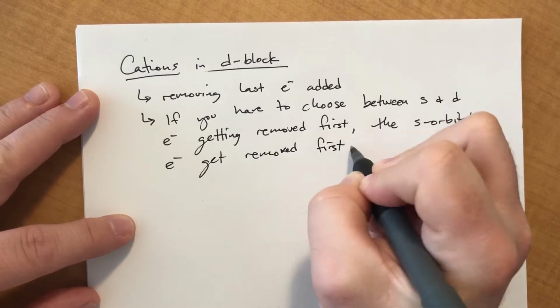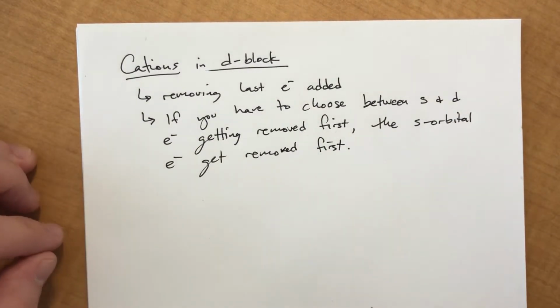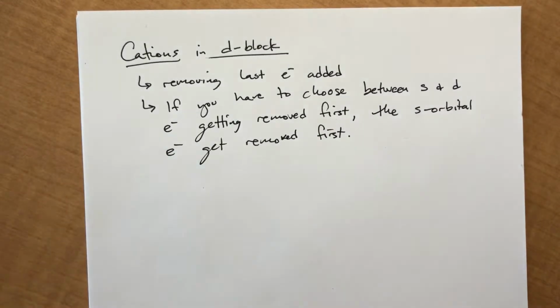In other words, if your choice is between S and D, the S get ripped off first, even though they got added first. Here's an example.